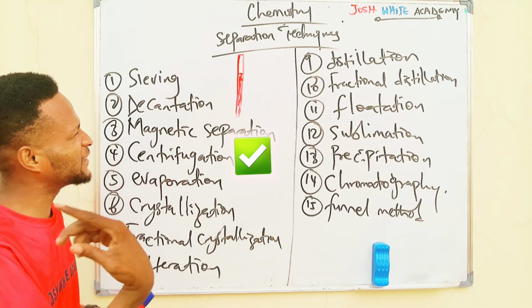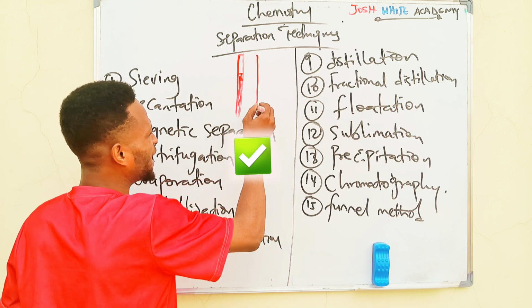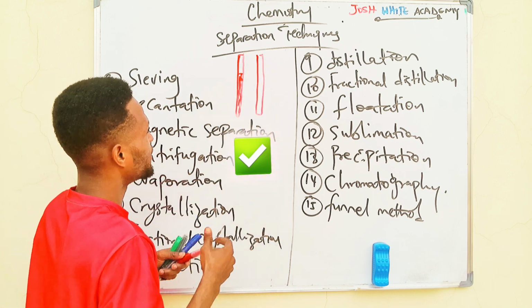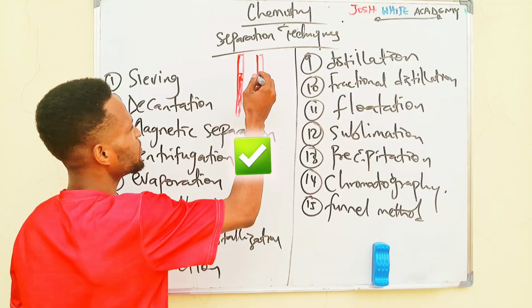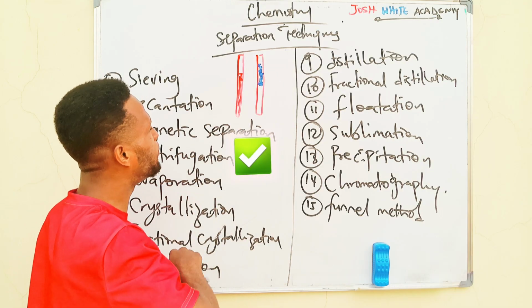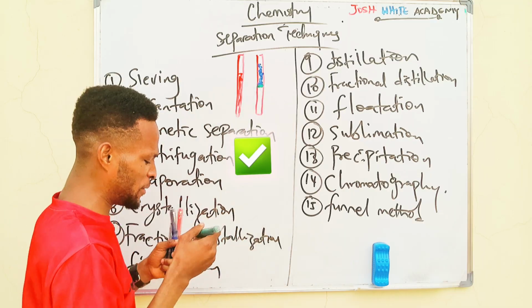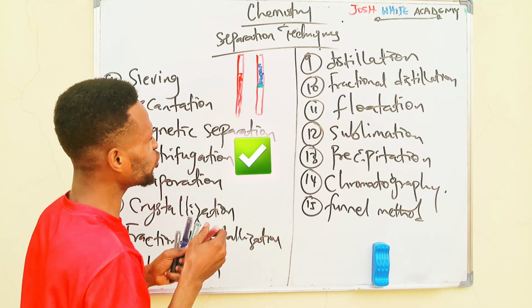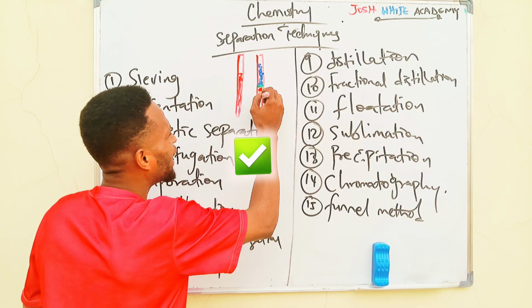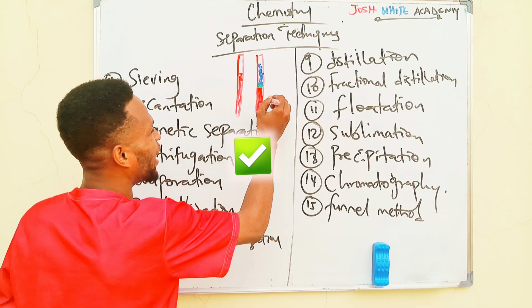After it wheels, you will notice that there will be a clear liquid at the top, then a buffy coat around the middle, and lastly, we will have our red blood cells down here. So this is our red blood cells.